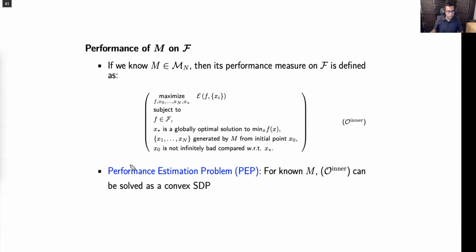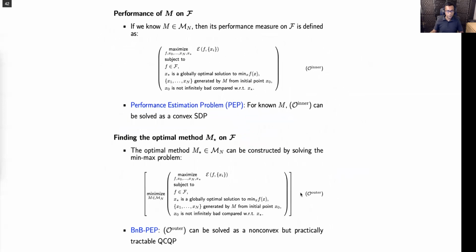Now, if we don't know the method and we are interested in finding the optimal method, what do we do? We take this inner problem inside, and then we are trying to find the method that will find the minimum of the worst case performance measure. So essentially, we are trying to find the min max.